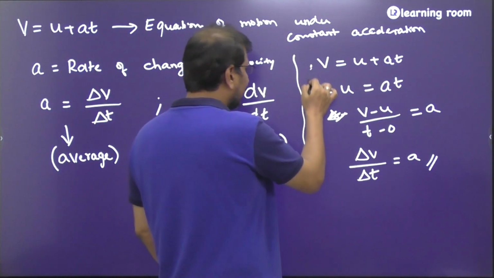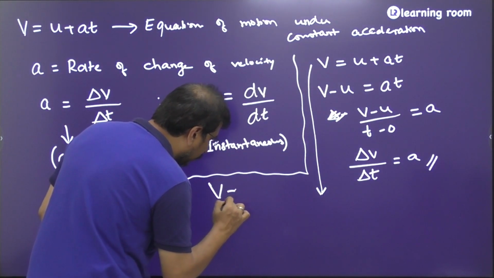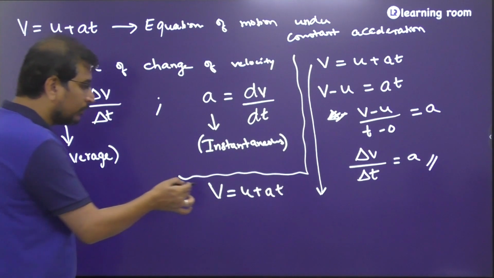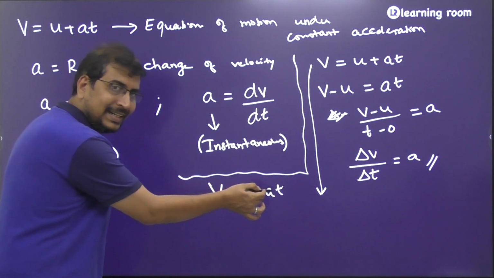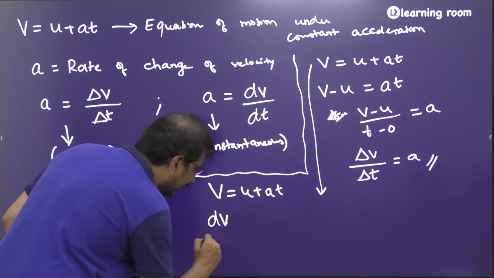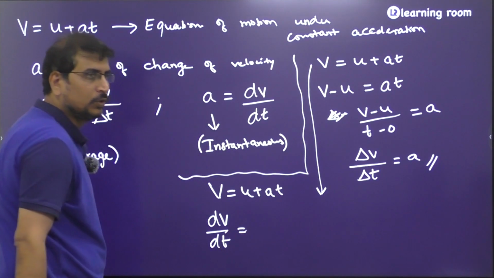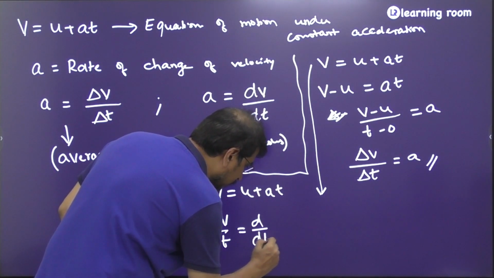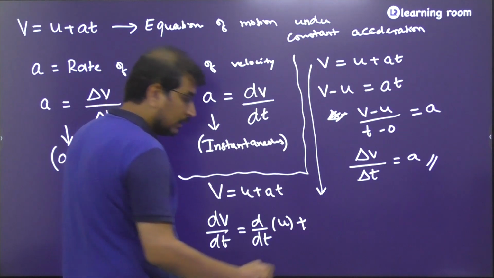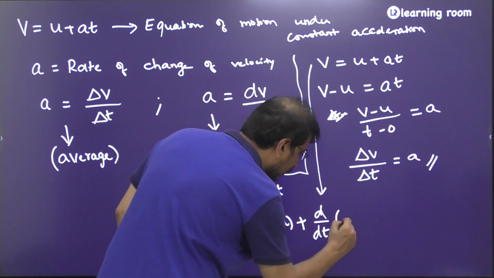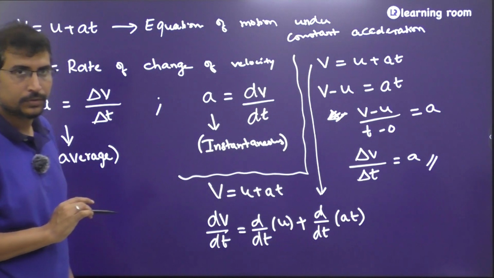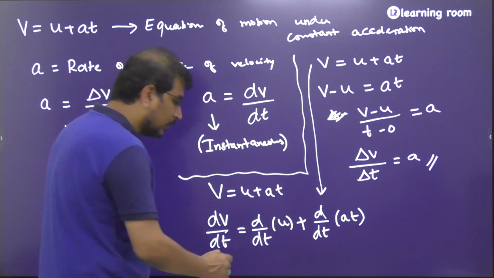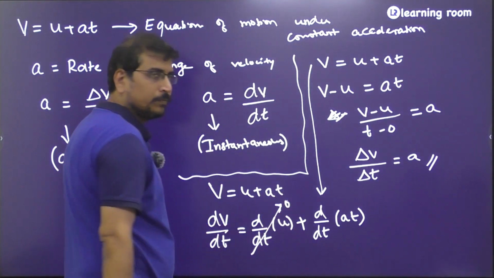But the same thing, v is equal to u plus at. Instead of dy by dx, in the place of y you have v, in the place of x you have t. So if I write this as dv by dt, then this will be equal to derivative of u plus derivative of at, the first algebra of functions. u is a constant because initial velocity is fixed, so this is going to be 0.